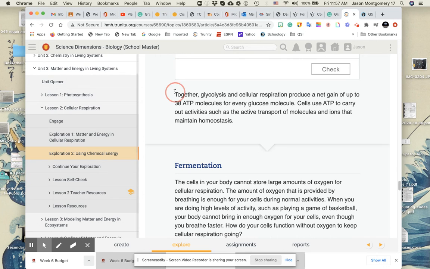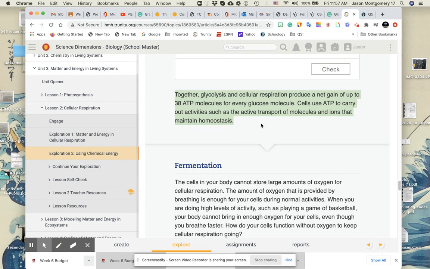Here's the main idea: together, glycolysis and respiration produce a net gain of up to 38 ATP molecules for every glucose. Cells use ATP to carry out activities, such as active transport of molecules and ions that help maintain homeostasis.